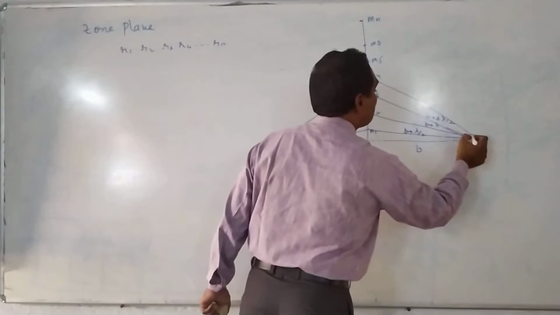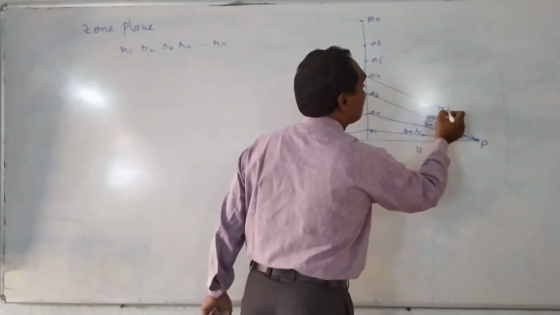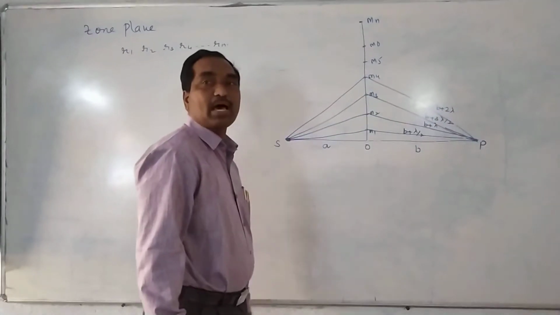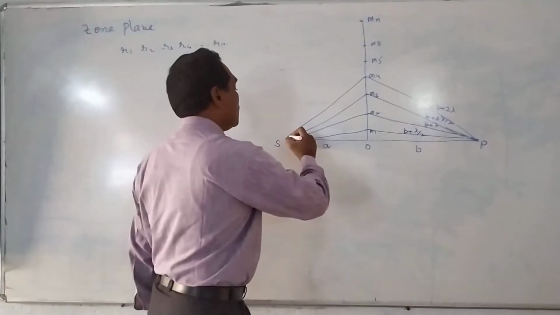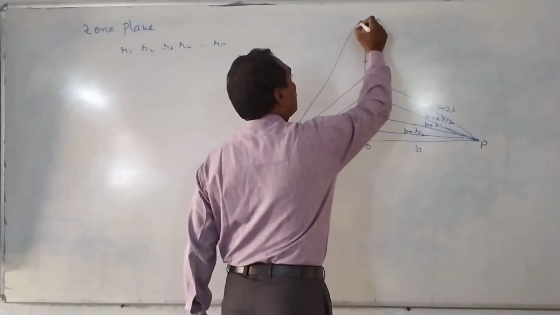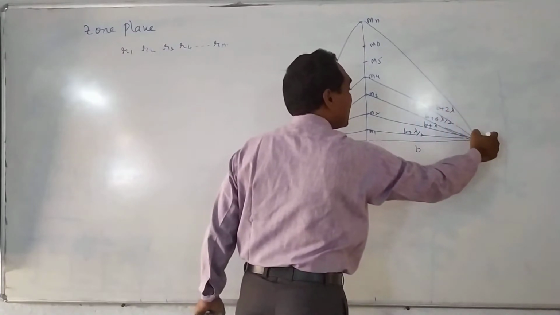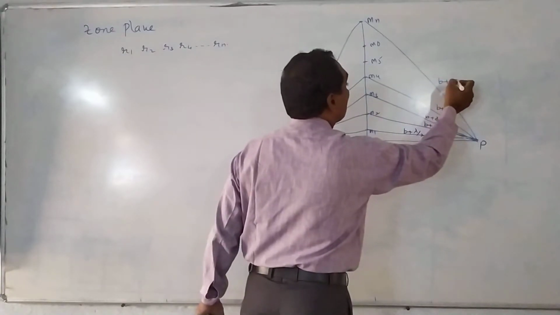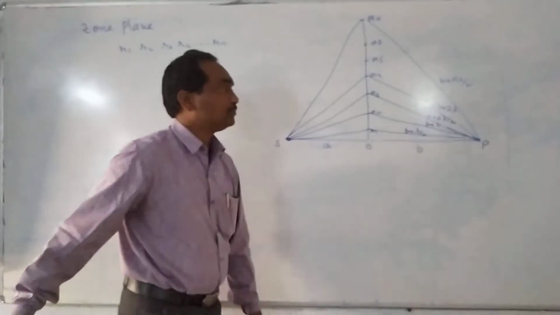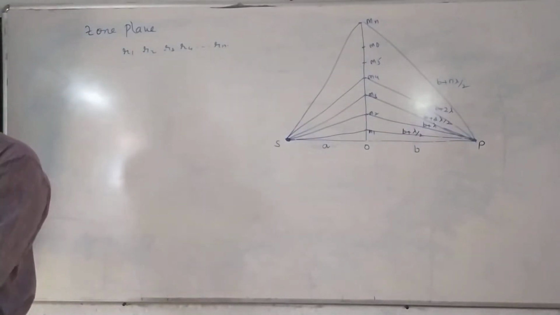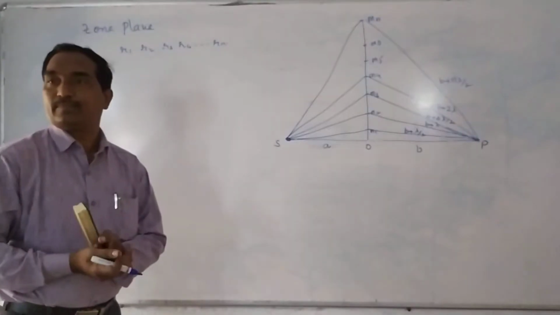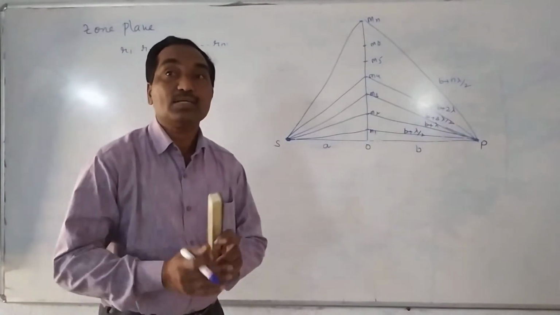M4P is equal to b plus 4 lambda by 2, that is b plus 2 lambda. And so on. The last one is OMn, that is MnP, which is equal to b plus n lambda by 2. This is the cross section of the zone plate.